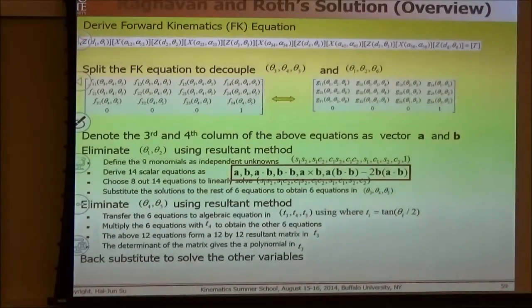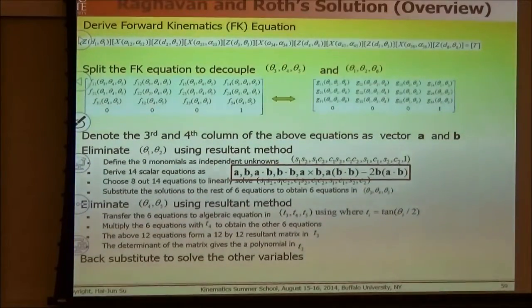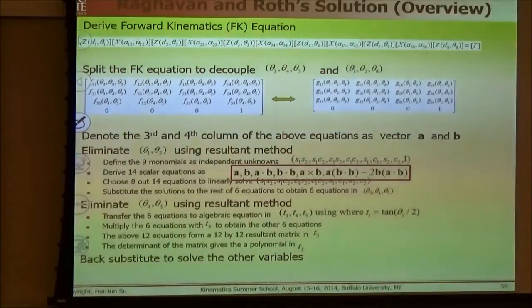If you generate more polynomials but have new monomials introduced, then you have to keep increasing the size of the resultant matrix, and you may or may not obtain a square resultant matrix. So if you pick 8 of them, excluding this one, you can solve a linear equation to eliminate theta 1 and theta 2.